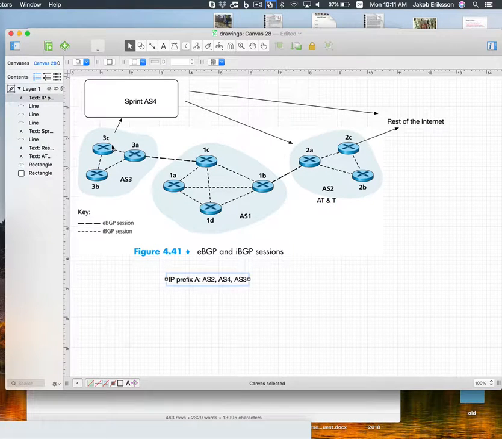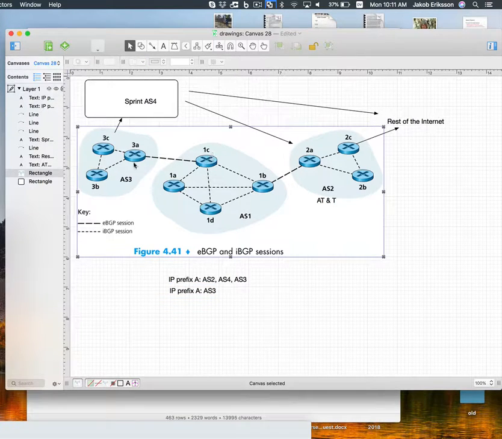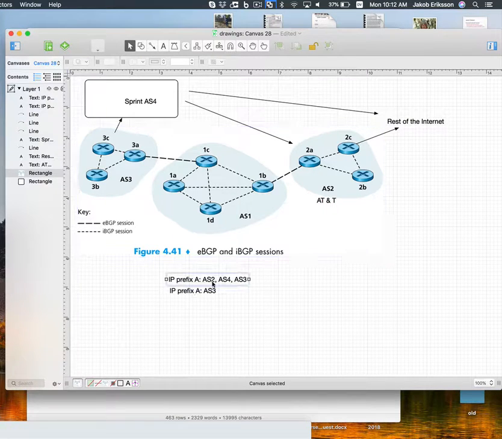And so on. So we have one out here that looks like this. And then we have another one that says AS3, right? So you can easily imagine that this router 3A has announced to 1C that it is connected directly to AS3. And AT&T, as we already discussed, has announced this route.